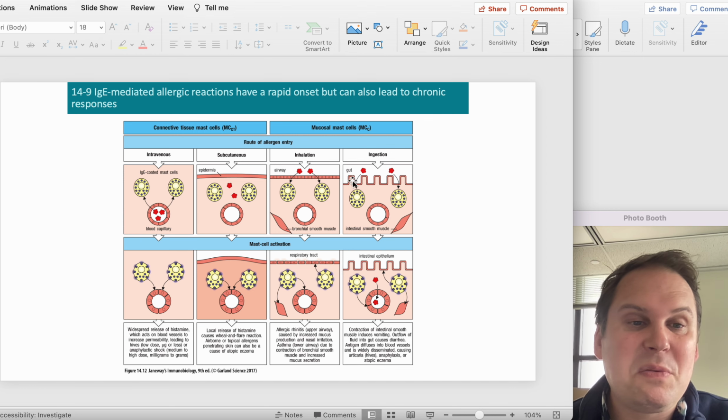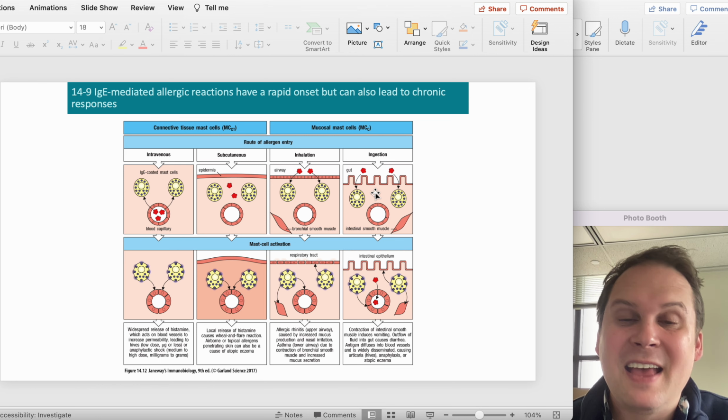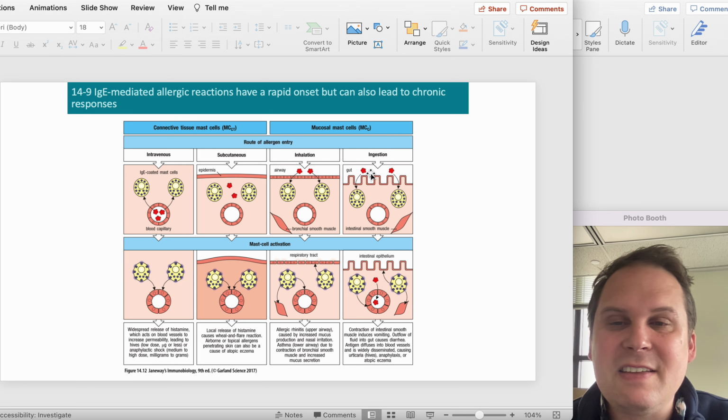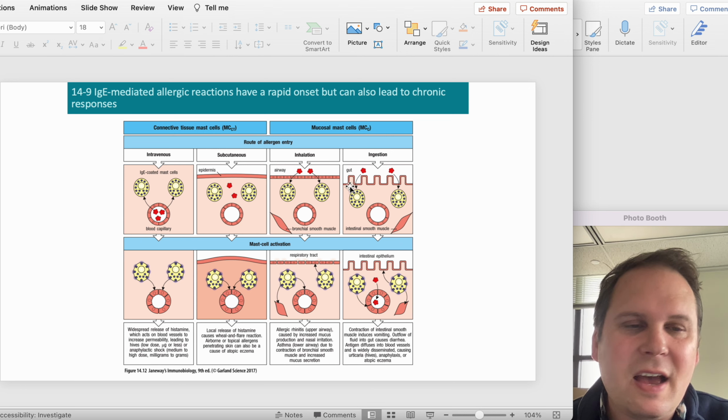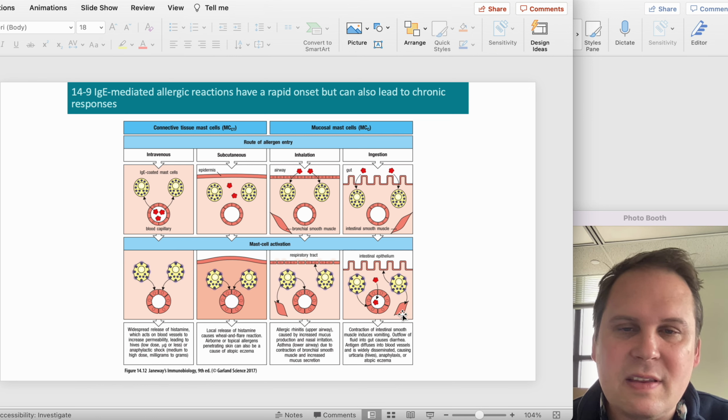And lastly, let's say you ingest some of these allergens, like a little bit of harmless peanut protein that's not so harmless because you have a massive IgE response already. So if it binds, and in each of these cases it's binding to IgE that's on the surface of these mast cells, then it's going to set them off, and they're going to cause constriction in the gut, which can potentially lead to diarrhea.